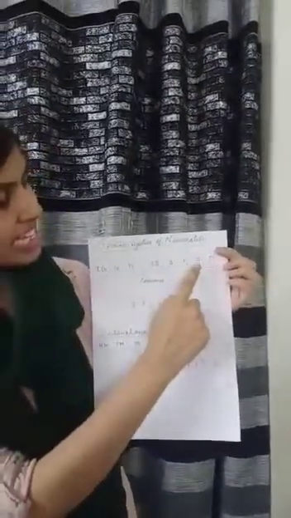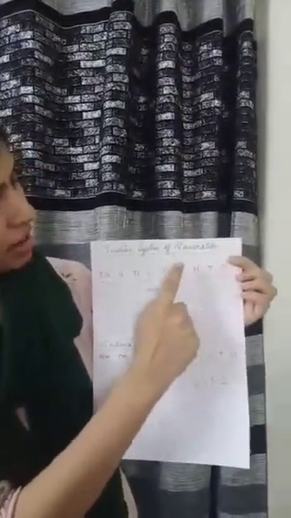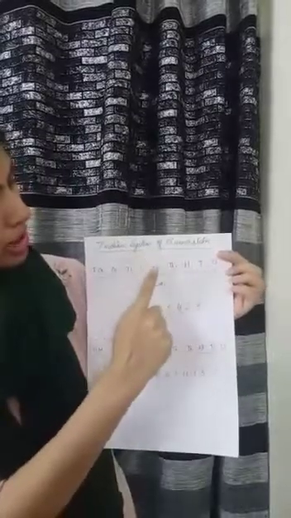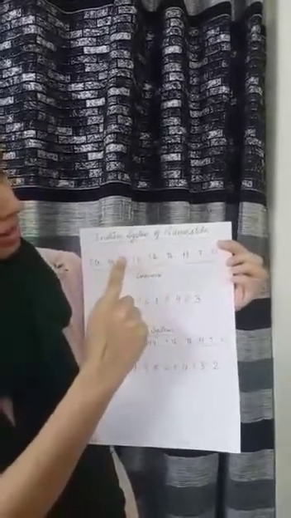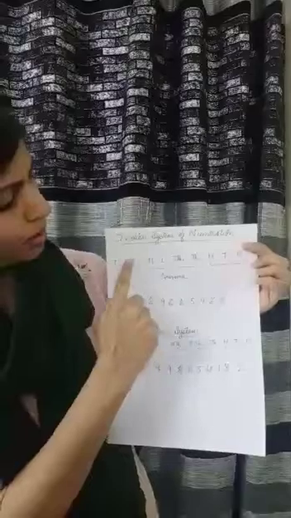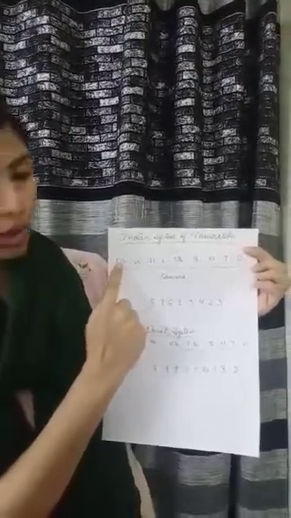So we are going to do the same over here. This is the Indian system of numeration. We'll start with ones, tens, 100, 1,000, 10,000, lakh, 10 lakh, crore and 10 crore. These are the place values.